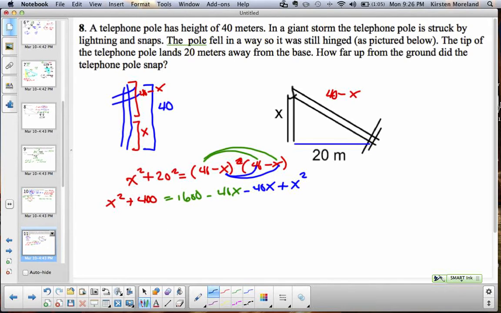Okay? All right, so now we need to solve. The x squareds on both sides are going to cancel each other out, so I'm down to that. I'm going to subtract the 1600 from both sides, so I'm left with negative 1200 equals negative 40x, and negative 40x equals negative 80x. So last step, divide by negative 80.